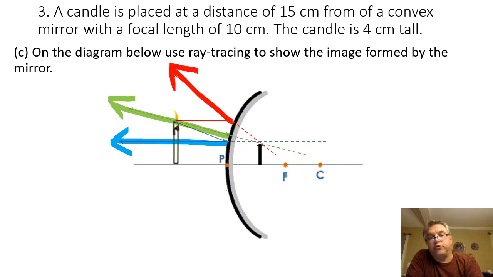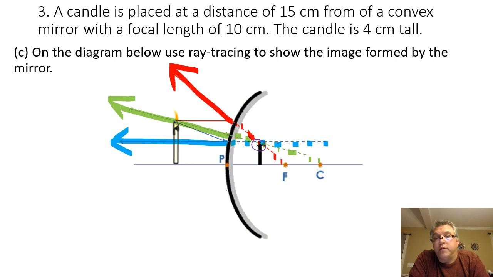If I were to trace all three of my reflected rays behind the mirror, and remember I have to do this with the reflected rays, they all intersect at one point, and that point is here. So that is where my image appears to be.